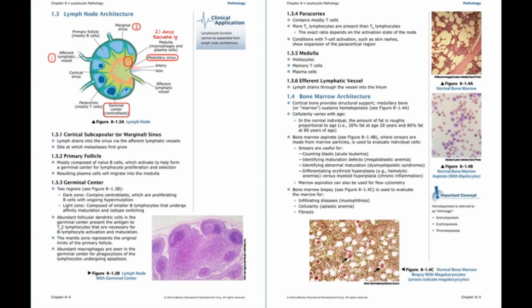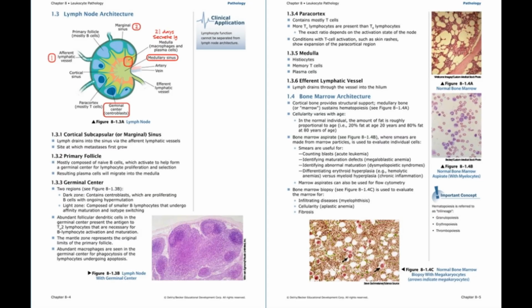But if, for example, we're looking at a skin disease, which is mostly going to be T cells, skin diseases have marked proliferation in the paracortex that drains the affected area of skin with a rash. So we can see now in figure 8-1.3b the literal histologic example of what we've just been discussing.